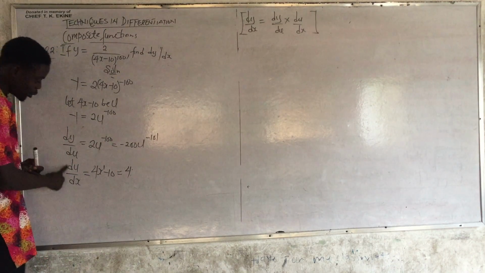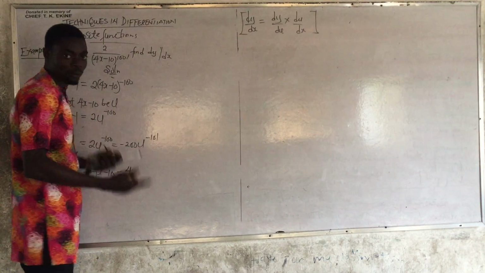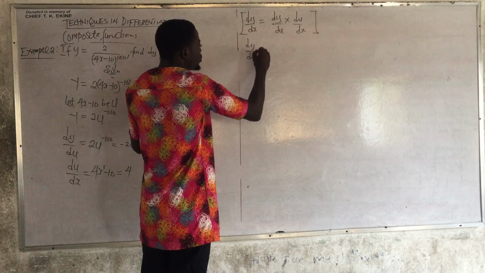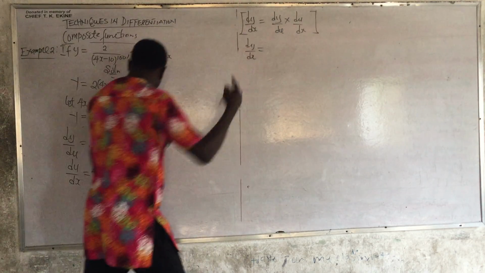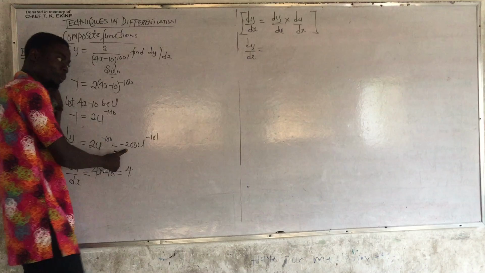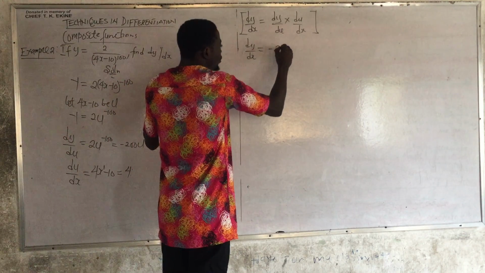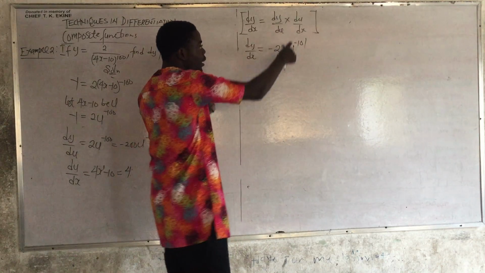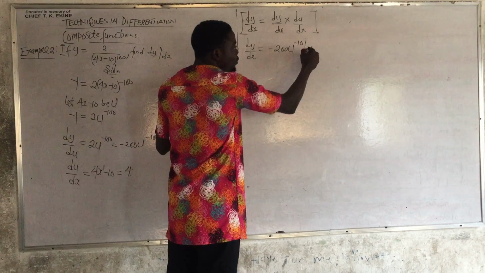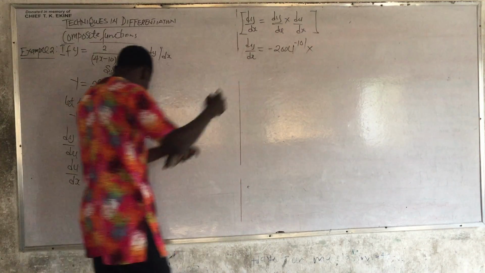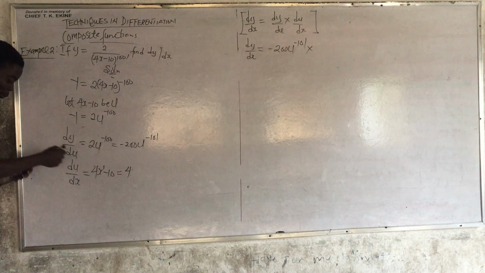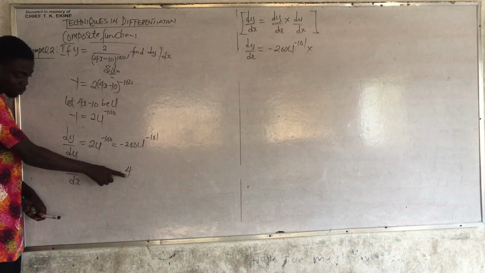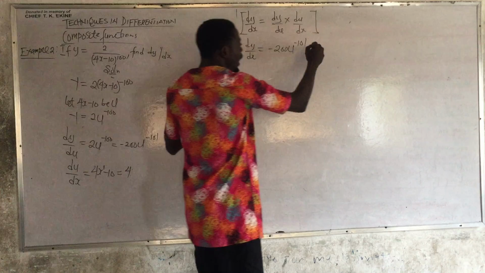You check here. Your du/dx is 4. Put it there and solve. So our dy/dx becomes minus 200 u to the power minus 101, times 4, because we found the derivative of u with respect to x to be 4.